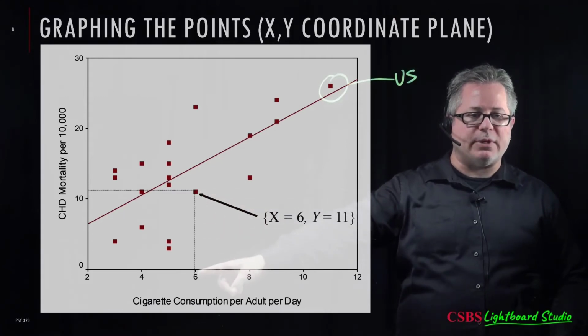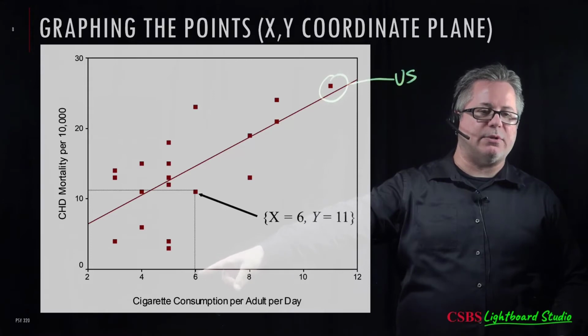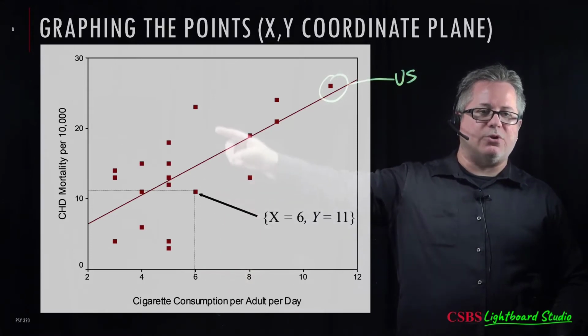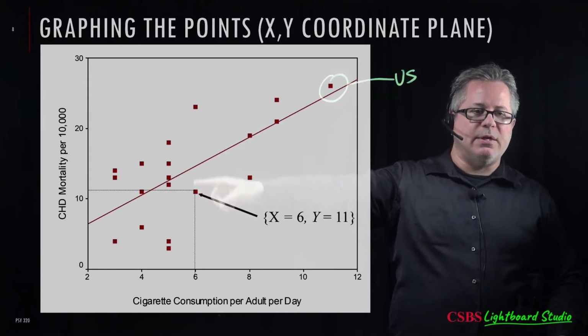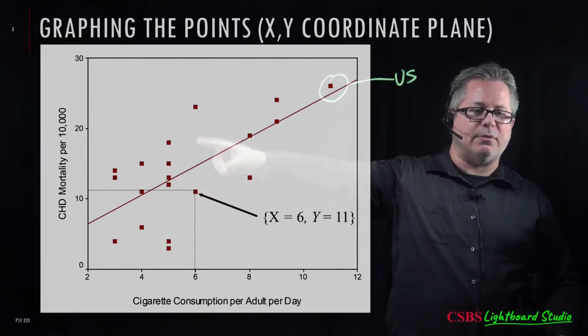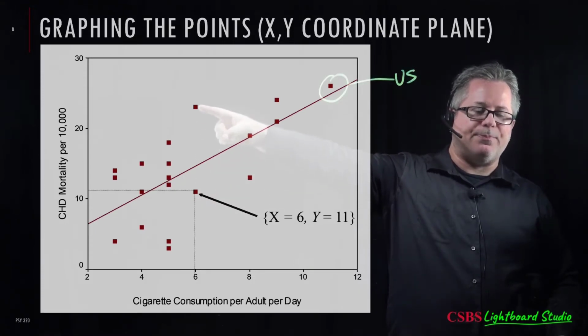The other country that had an average of 6 cigarettes per adult per day and 23 deaths is located up here. So you can see there's a pretty big difference. These are two countries with the same amount of smoking on average, but very different values for the number of coronary heart disease deaths.